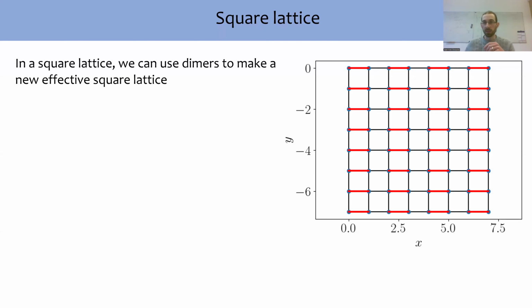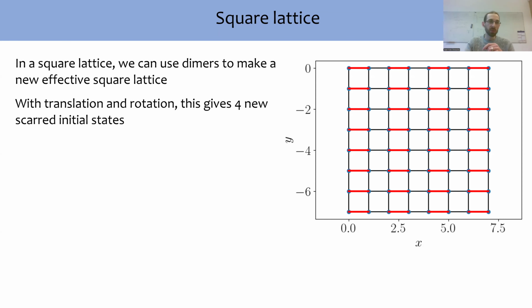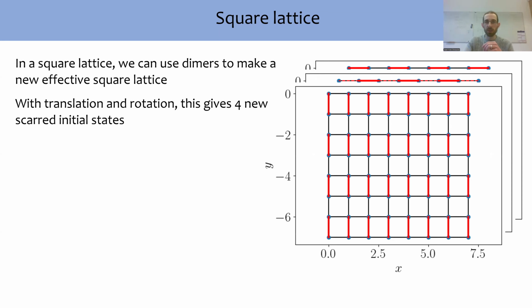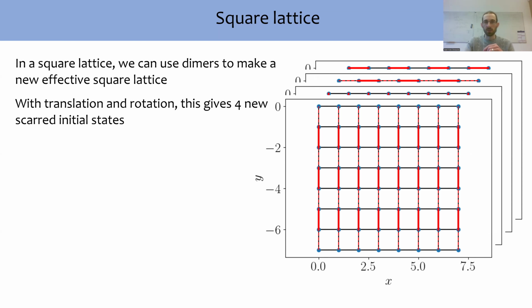And the effective lattice is just a smaller square lattice, so it's still fine. And we can use the symmetries of the model, so translation and rotation, to find similar states. So here we have horizontal stripe, shifted horizontal stripe, vertical stripes, and shifted vertical stripes. And these all give different initial states which have very small overlap in large systems.